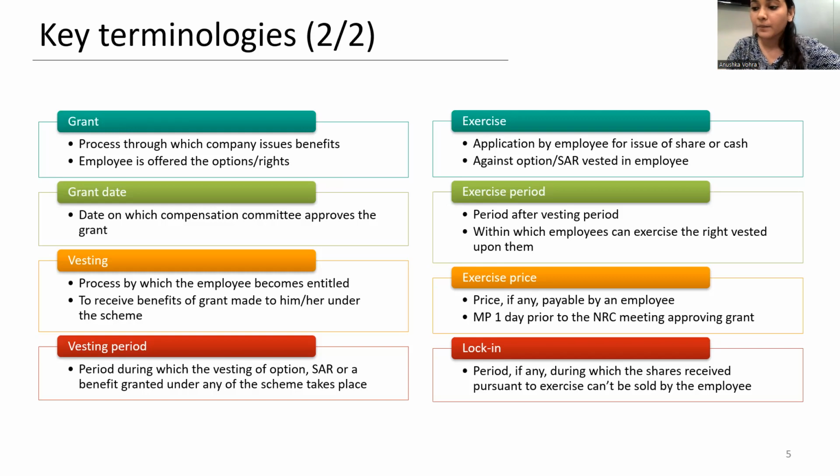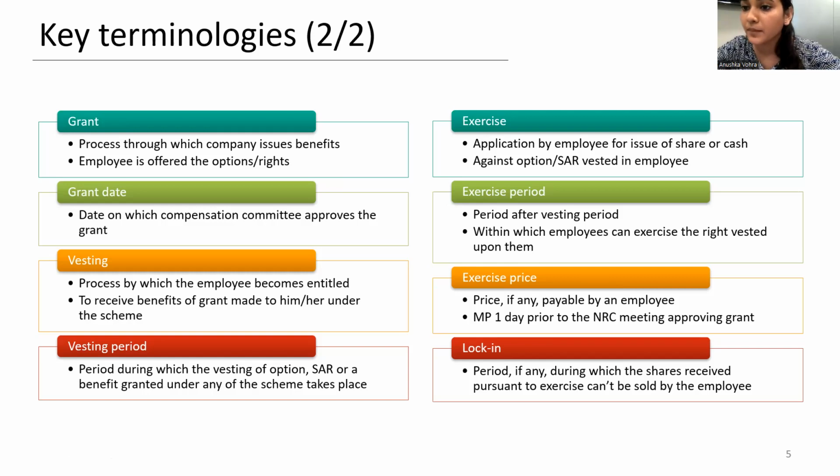Exercise period. Say on 1st August 2024, I become eligible to exercise 20 options. But it's not only on that day that I can exercise. The company can specify an exercise period of say 1 year, 2 years, 3 years, during which I can exercise my right to exercise those options.